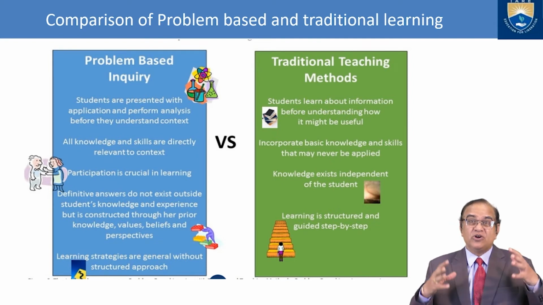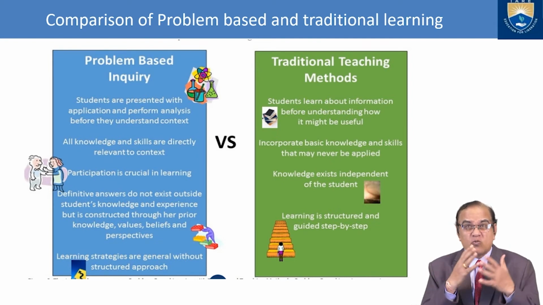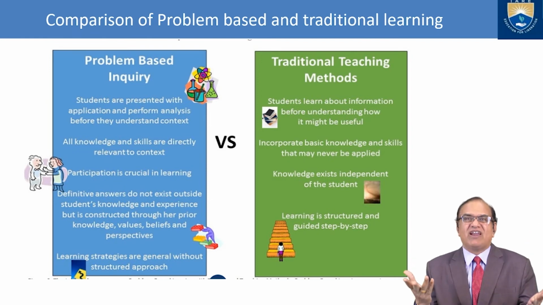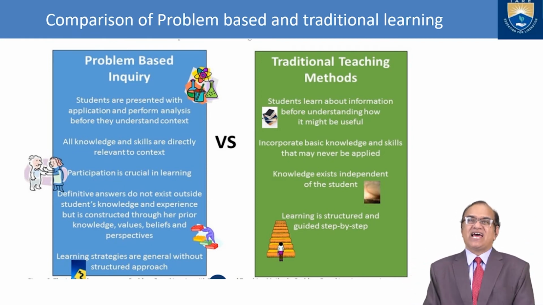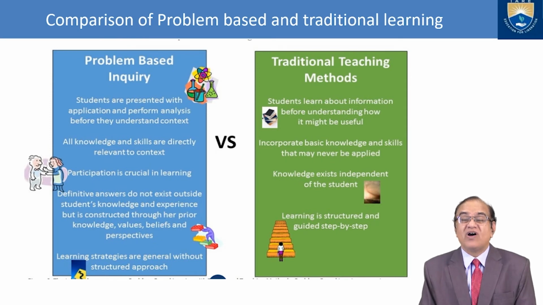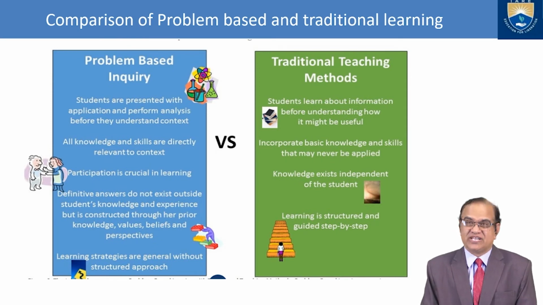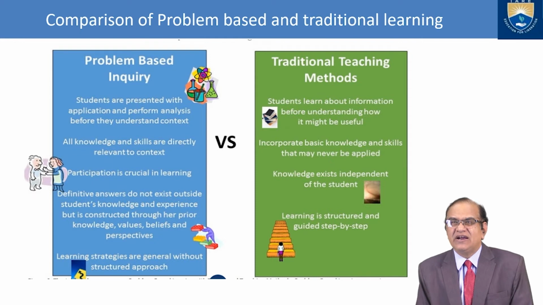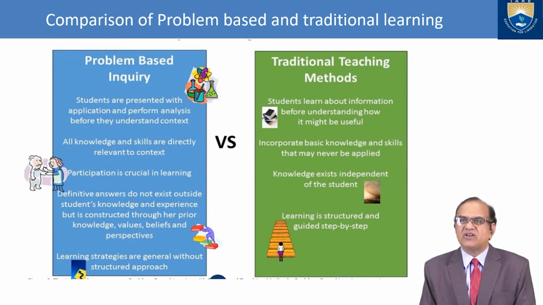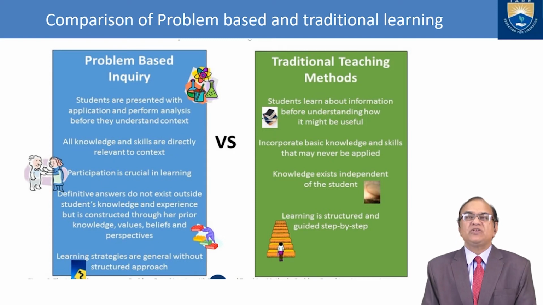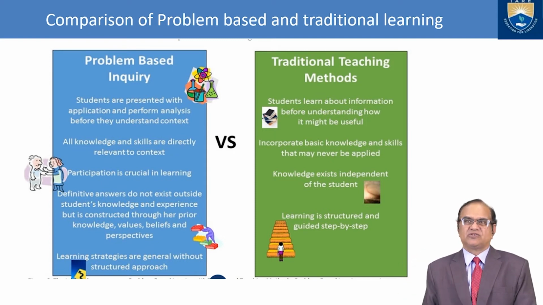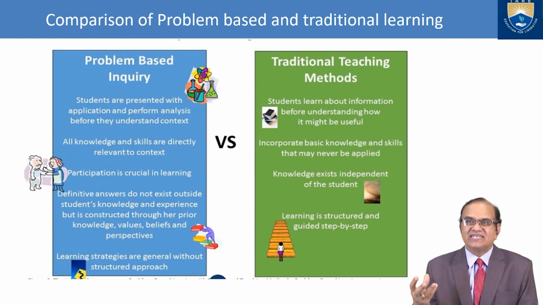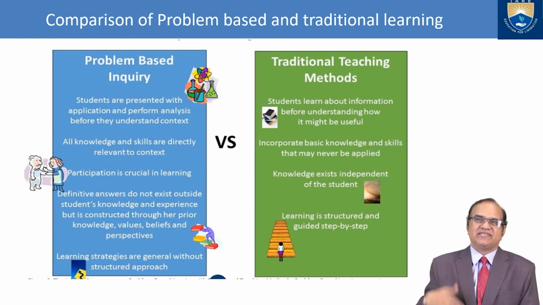So they have to see what the application is that I am teaching in the class, and also how we can do the performance analysis before we go for understanding of the context. In traditional teaching, students learn information before understanding how it might be useful. So it is in the reverse order: first they have to understand, and then they have to apply it.